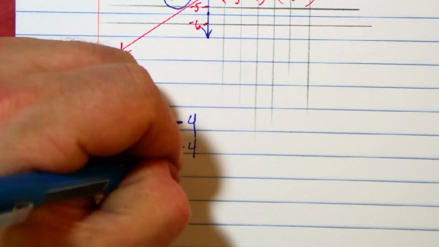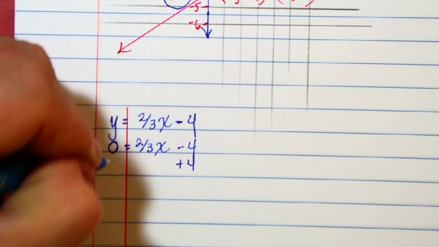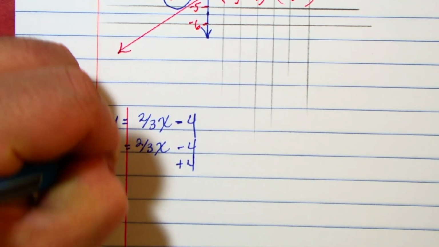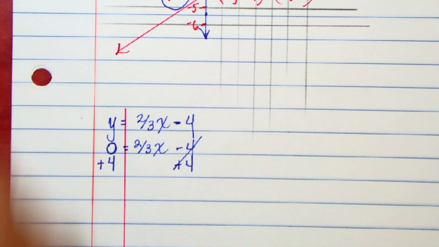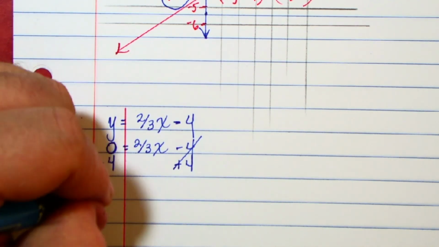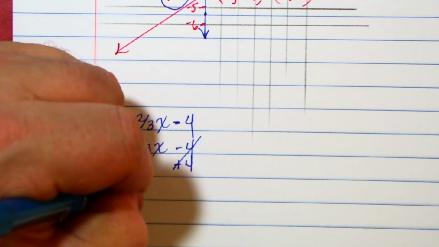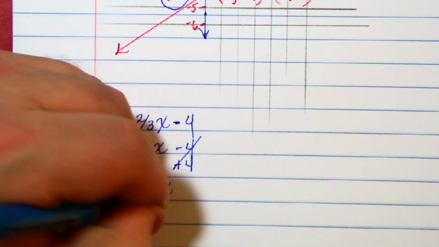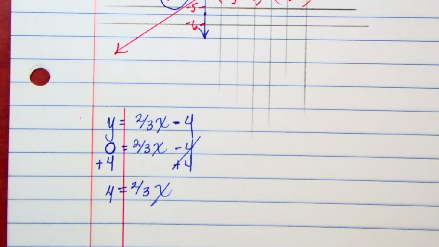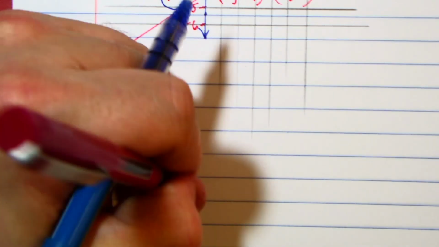Plus 4 on both sides. Cancel. 0 plus 4 is 4, equals 2/3 x. Yeah, we're dividing both sides by 2/3, but in reality, we're multiplying by the R word, reciprocal.